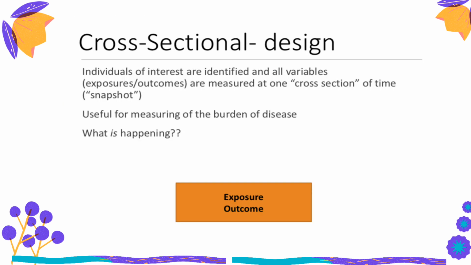The next one is cross-sectional design. The individuals of interest are identified and all variables, the exposure and outcomes, are measured at one cross-section of time, or a snapshot. It is useful for measuring the burden of disease and what is happening currently.